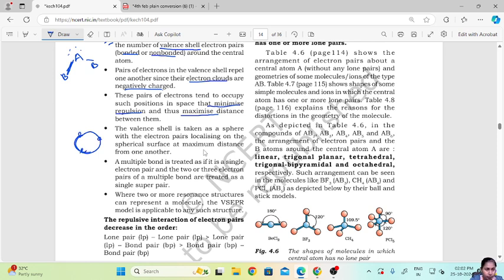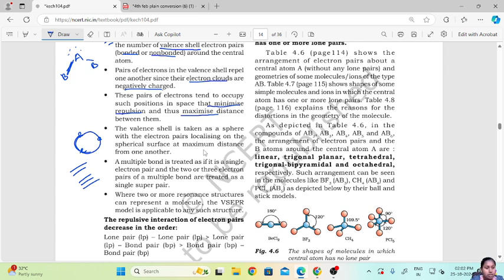Now, a multiple bond is treated as if it is a single electron pair, and the 2 or 3 electron pairs of a multiple bond are treated as a single super pair. A multiple bond is when there is more than one bond, that is, a double or triple bond.